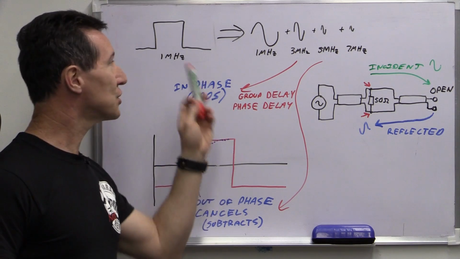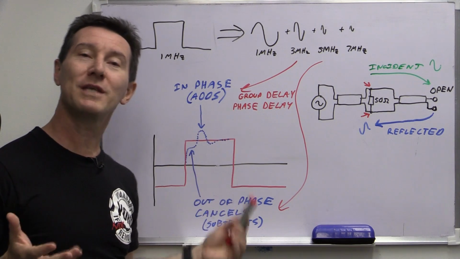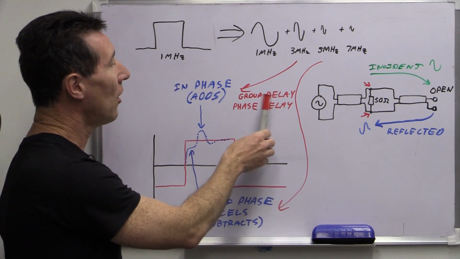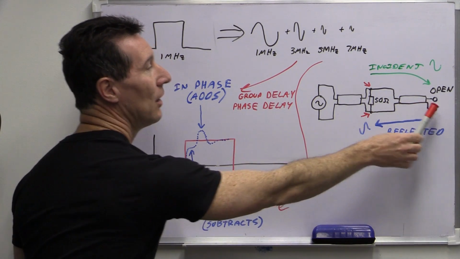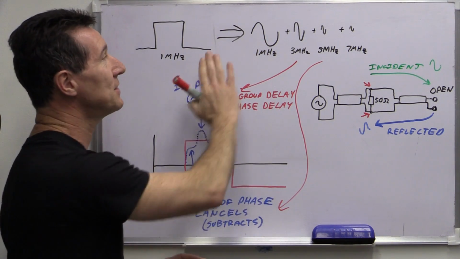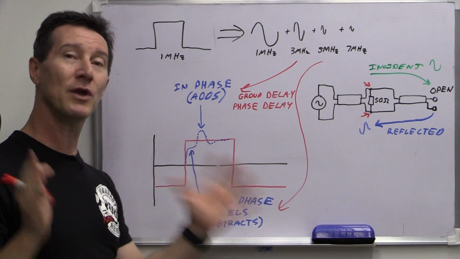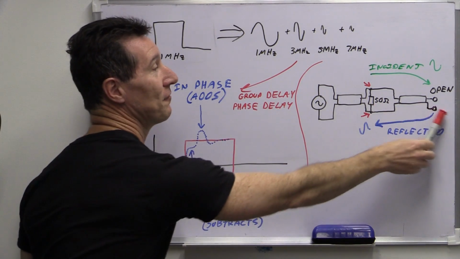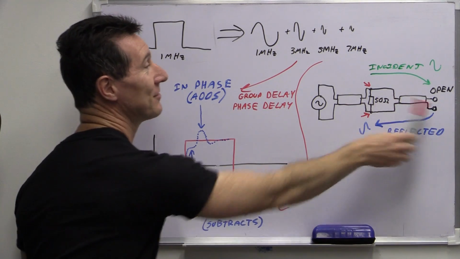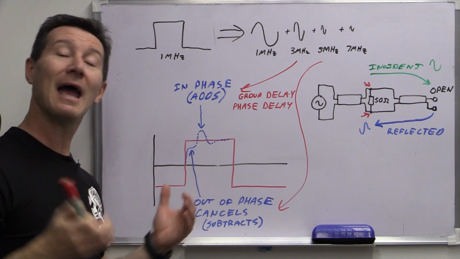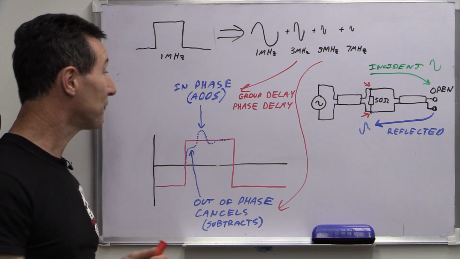So that explains the square wave part of it, but what's happening with the sine wave? Well, it's exactly the same thing. Because of group delay and phase delay, even if you've got one pure sine wave at one frequency, with no other frequency content at all, no harmonics, that one signal will still be reflected back off the open end of the coax, but it could come back at a different phase depending on the frequency.